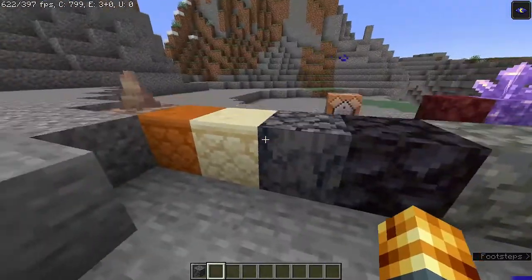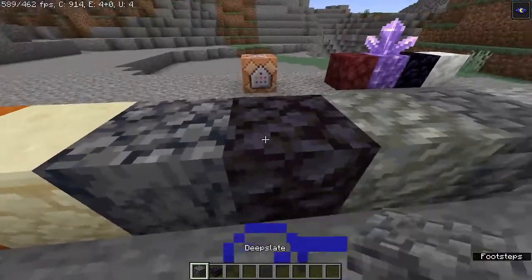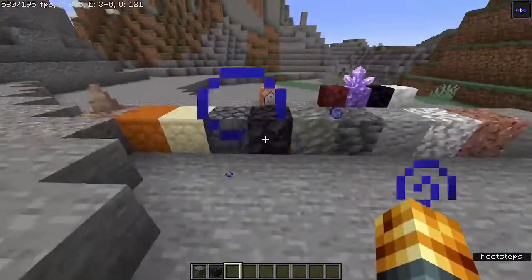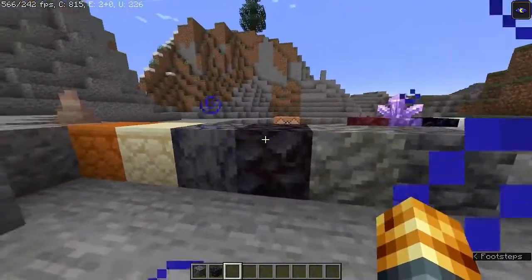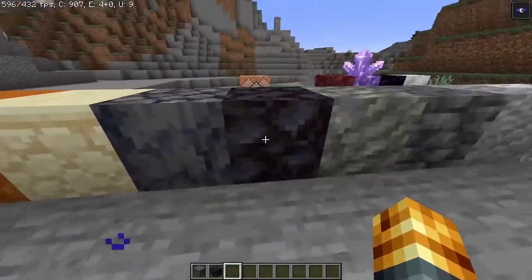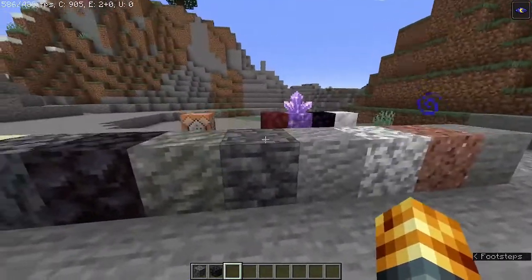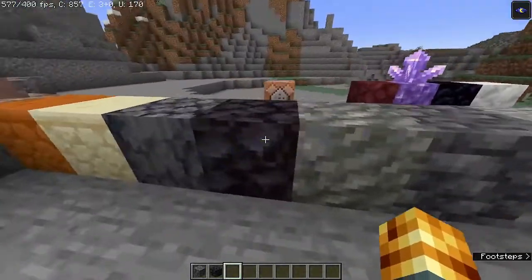Now, we move on to the ones that are different. This is blackstone, and, well, it's black, and that means that it's a mafic rock again, and you can see big crystals in it again, which would lead me to believe that it's quite similar to the Deepslate in formation.